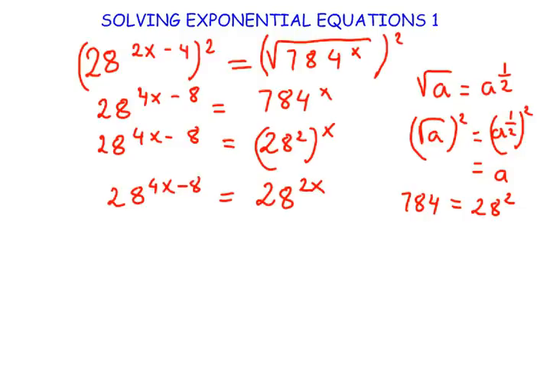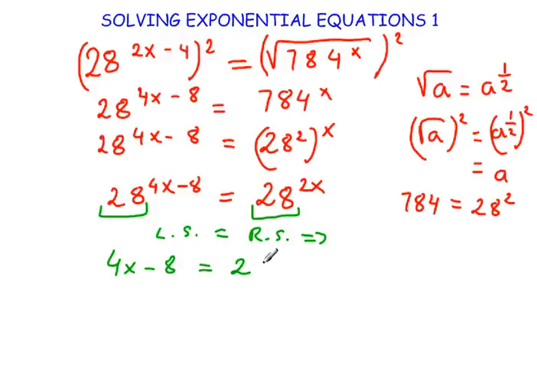Okay, so what do you see now? That we have an equation that has identical base on both sides. So if the left side was to be equal to the right side, this would imply that the exponents 4x minus 8 and 2x are to be equal.